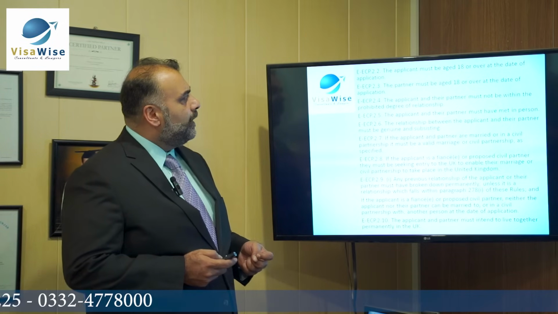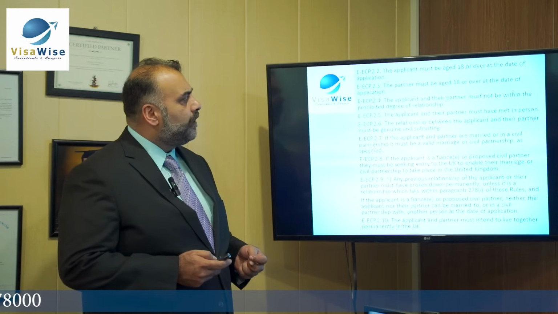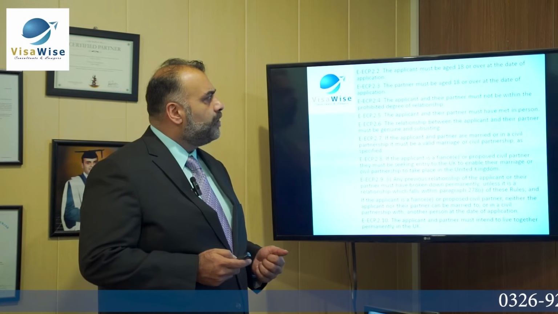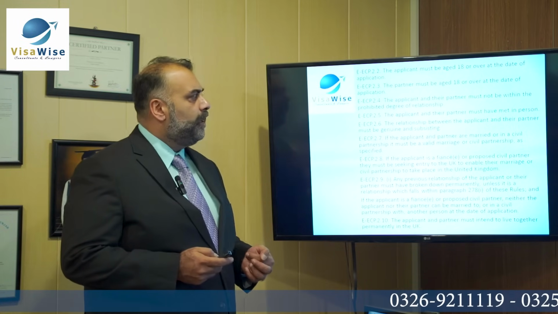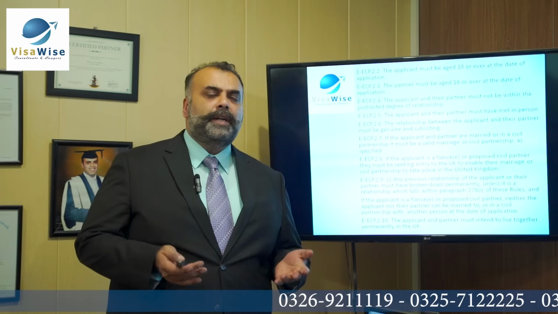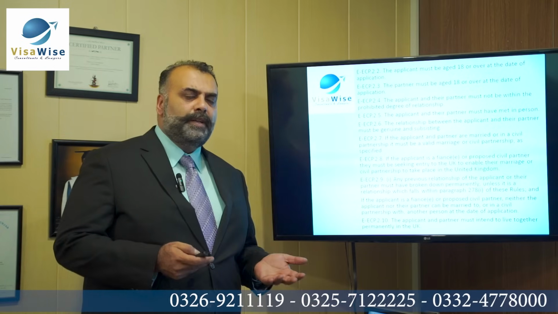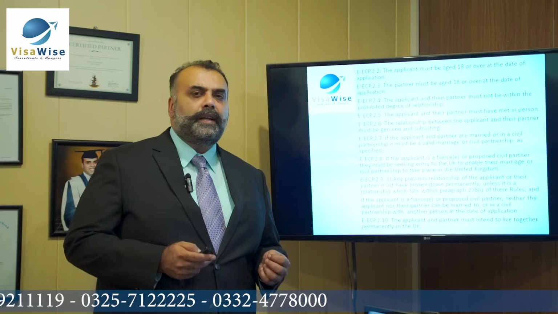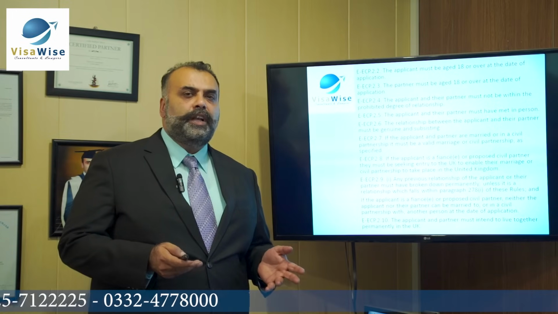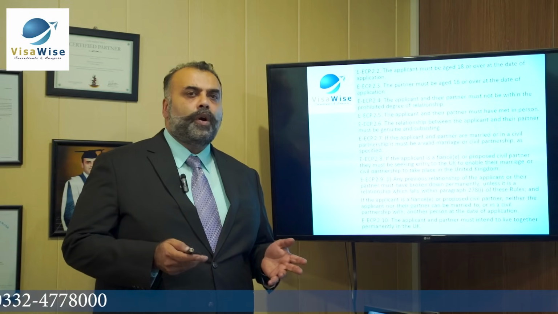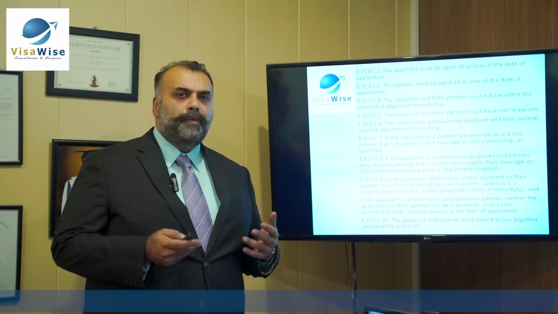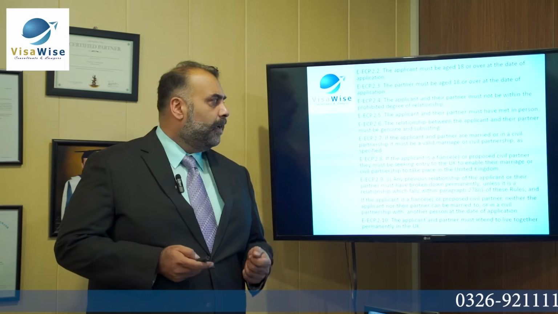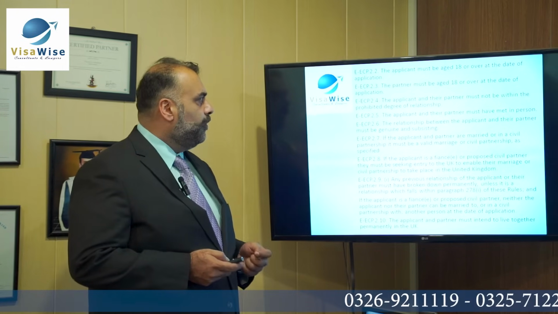Then it says that the applicant and their partner must not be within the prohibited degree of relationship. So prohibited degree of relationship has already been defined online. If you just look at that, there are different prohibited relationships that you should not be in before you submit the application for entry clearance in the UK.